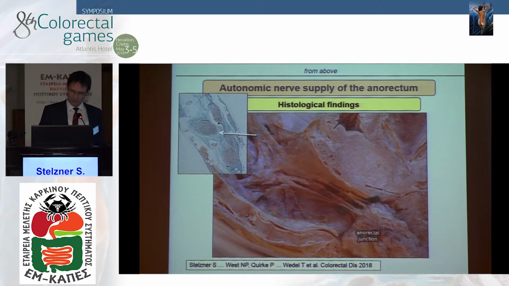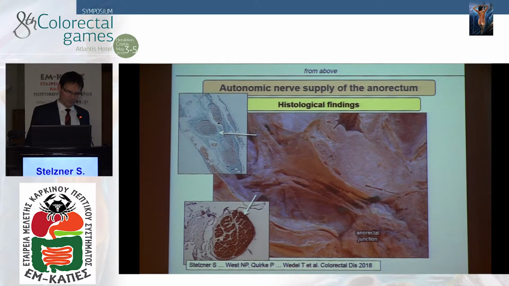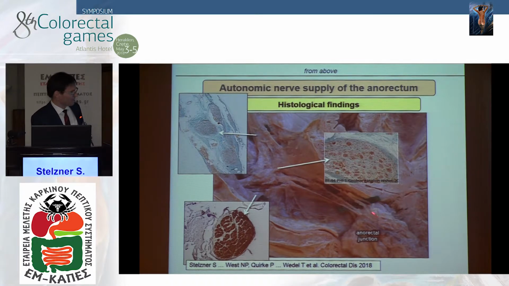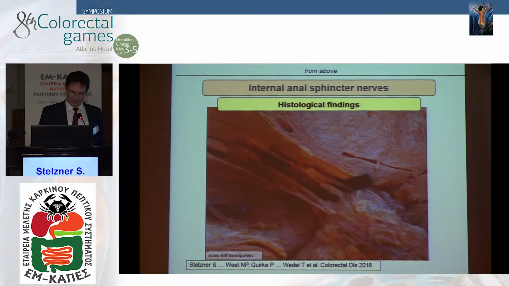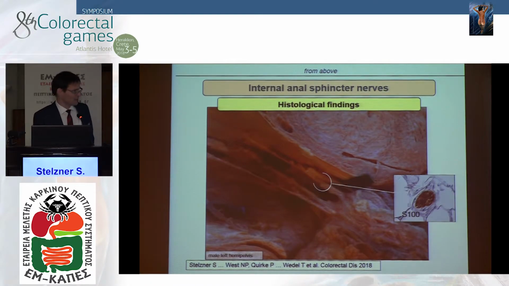Just to prove their nervous origin, we did some histologic and immunohistologic stainings, and just as proof of principle, the hypogastric nerve was nerve tissue, the pelvic splanchnic nerves, and we could depict the ganglion cells of the pelvic plexus. And lower down, we also found nervous tissue within these bundles.